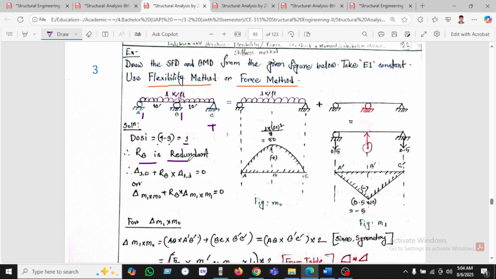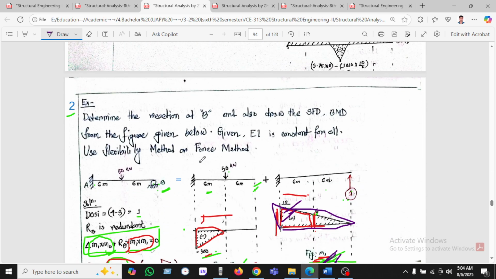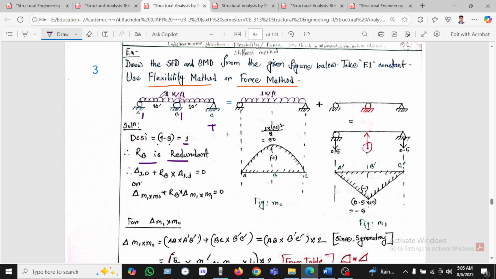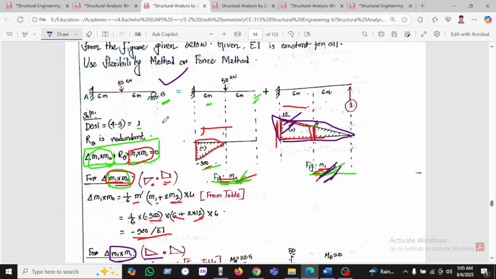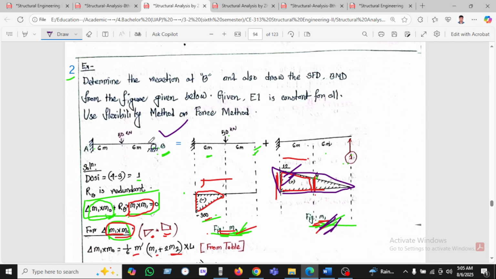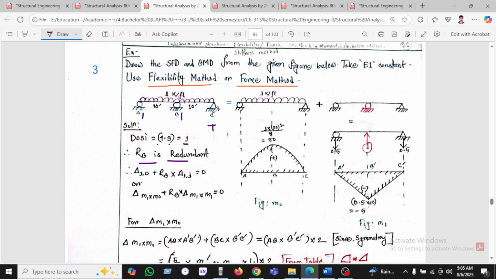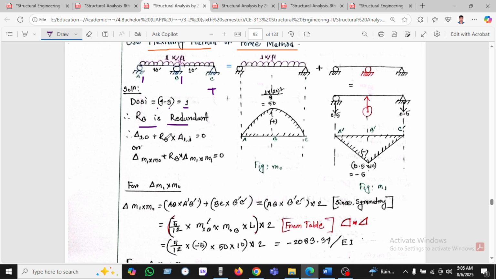What is the difference between this formula and this math and this math? This math is UDL, and this math was a point load. In this case we have 1 redundant, and we choose RB to be redundant.